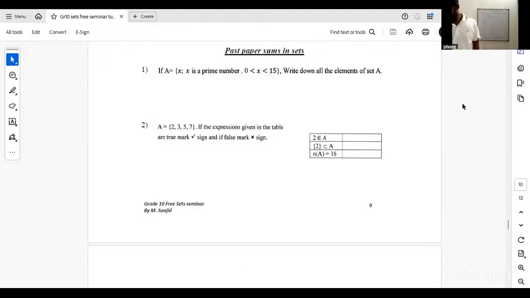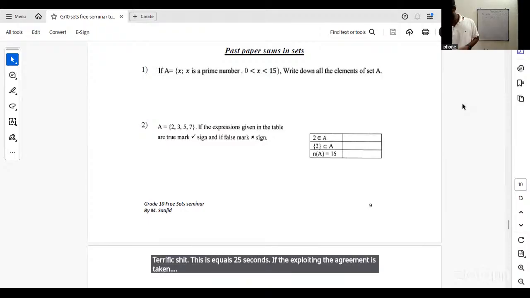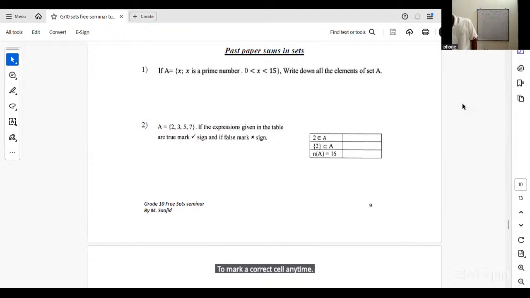Second question. They say A equals {2, 3, 5, 7}. For each expression given in the table, mark true if correct and mark false if wrong.